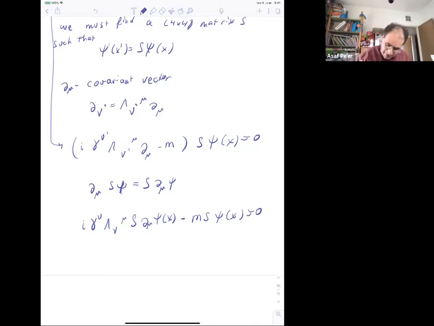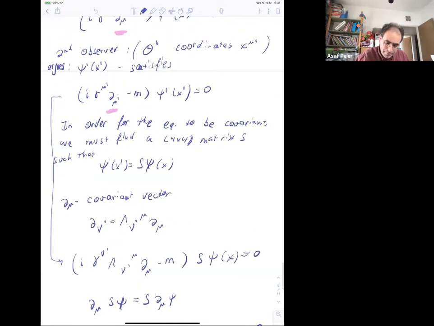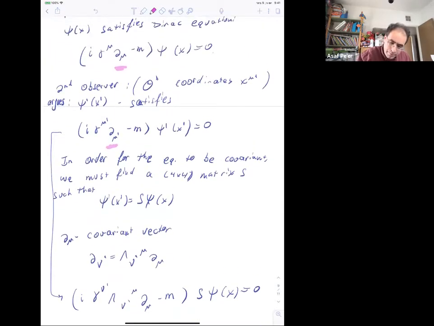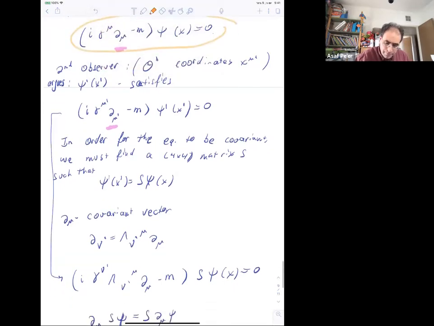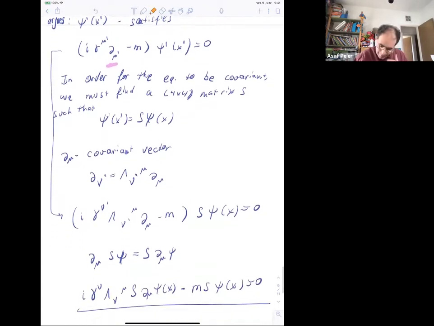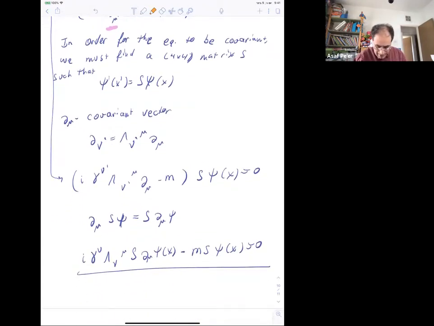Sorry. So now I can take that equation and compare that to the original Dirac equation in the original frame O, right? To this equation here, right? i gamma mu partial mu minus m, and i gamma mu lambda mu mu S partial mu.